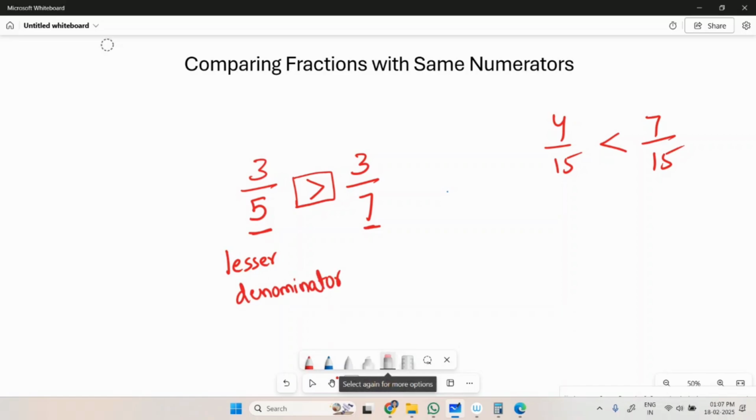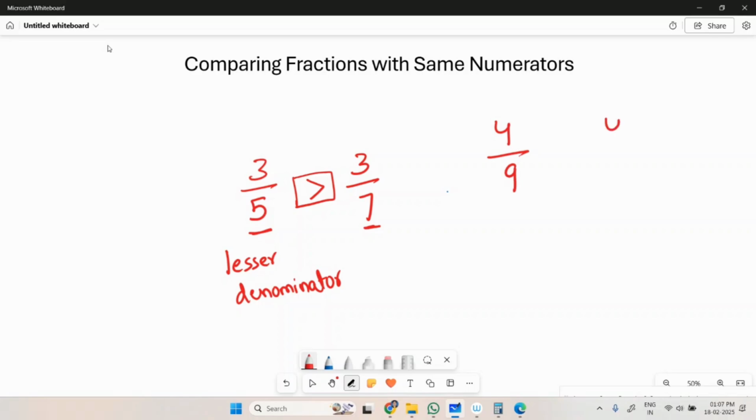Okay, let's compare another fraction: 4 upon 9, 4 upon 11. Which is bigger? Here we have to look into the lesser denominator when the numerators are same. Which is lesser among 9 and 11? 9 is lesser. So 4 by 9 is greater than 4 by 11, because the lesser denominator gives the greater fraction.